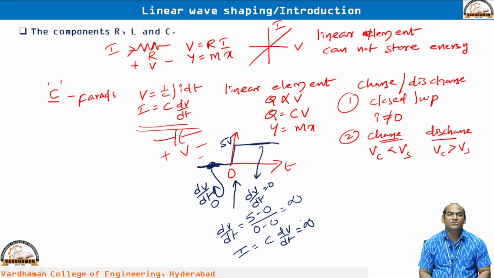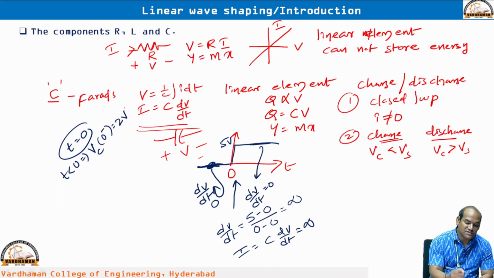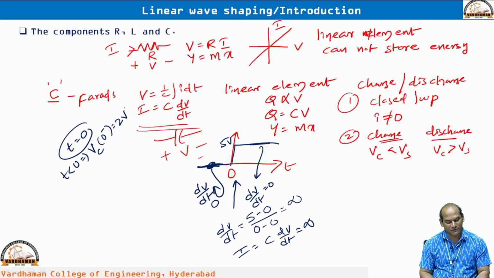So keep this in your mind. At t is equal to 0 a discontinuity is available. Before t is equal to 0, if the capacitor voltage is, for example, 2 volts, for example purposes I am giving.